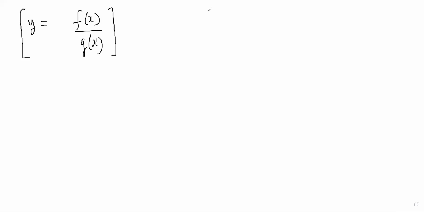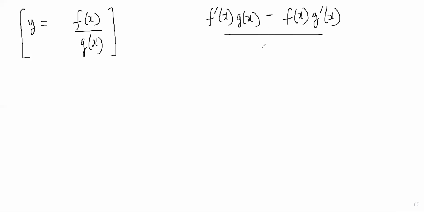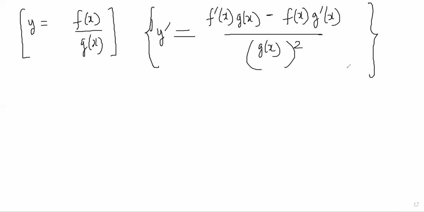Sometimes people ask you to remember it. For example, when you start doing your classes in Allen, they will ask you to remember it like this: f dash x g of x minus f x g dash x, by g of x whole square. That is your y dash.